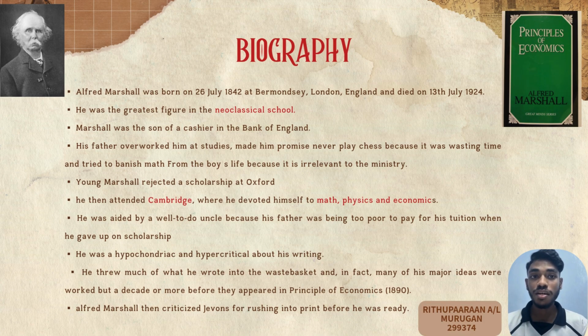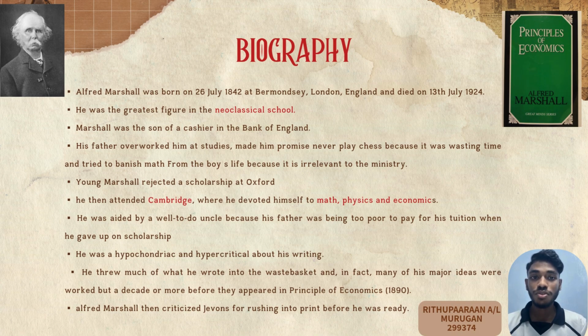Young Marshall rejected a scholarship from Oxford, and instead attended Cambridge University where he devoted himself to the fields of maths, physics and economics. He was aided by a well-to-do uncle because his father was too poor to pay for his tuition when he gave up on the scholarship. He was a hypochondriac, which means very concerned about his health, and hypercritical about his writing, which means over-exacting.